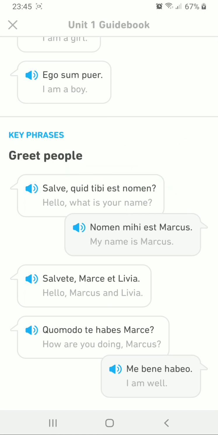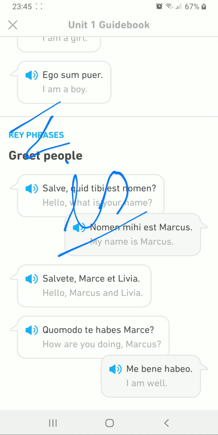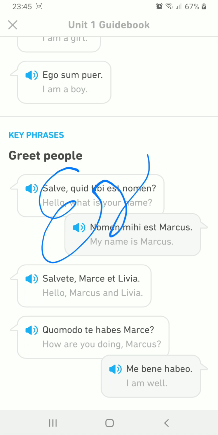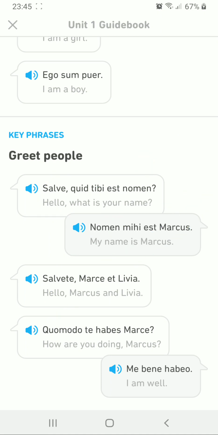Est is the verb to be, but is. So my name is, it is. Normally the it is not said. So if it's it is, they will say est, simply.